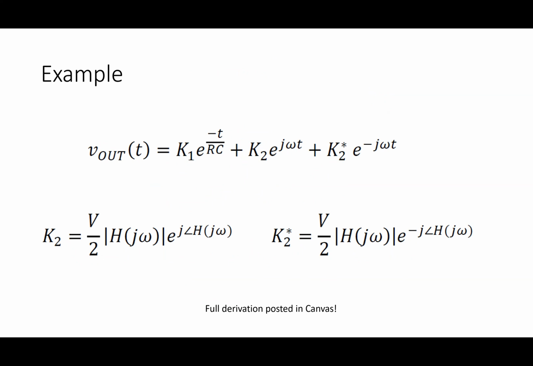Without going through all the work, and I've got it in the notes for the people that really want to see it, this constant K2, if I solved for it, would be as follows. We had H of s, and let's remember H of s was 1 over s RC plus 1. If I go through this analysis, this coefficient becomes a complex number with a magnitude that is the same as the magnitude of H of s evaluated at s equal to j omega.